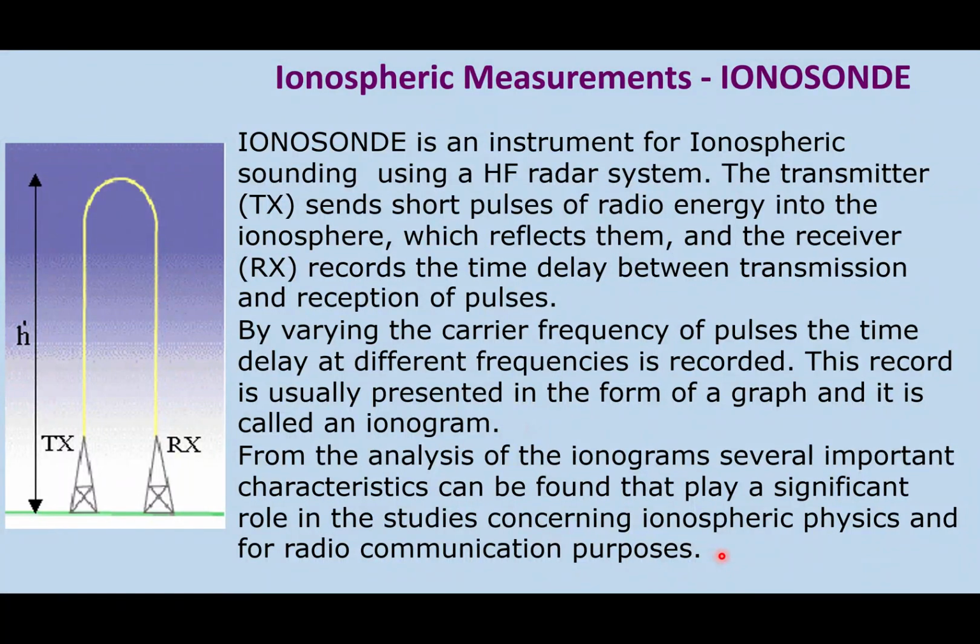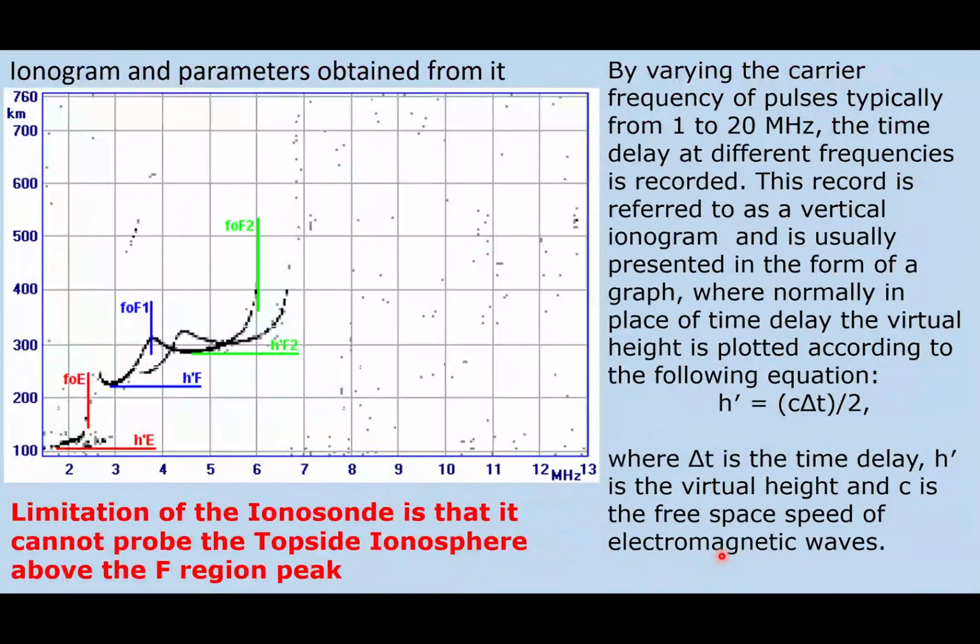So we talked about the ionogram. The graph here shows a typical ionogram, which is a plot of the virtual height from which the wave is reflected versus the frequency of the transmitted wave. By varying the carrier frequency of the pulses, typically from 1 to 20 megahertz, the time delay at different frequencies is recorded, and that record is the ionogram.